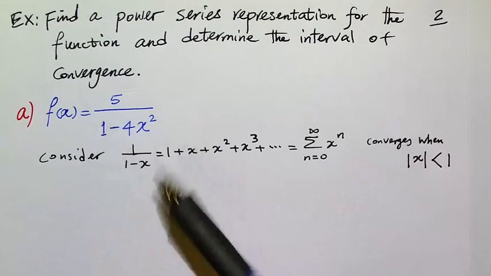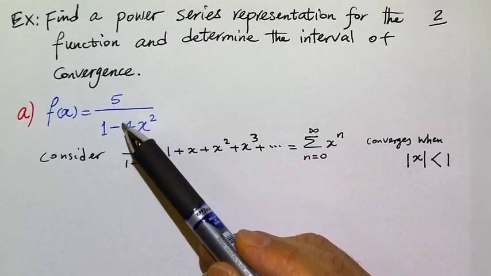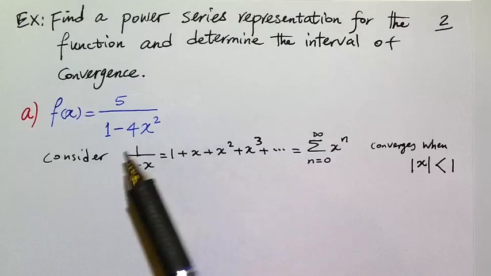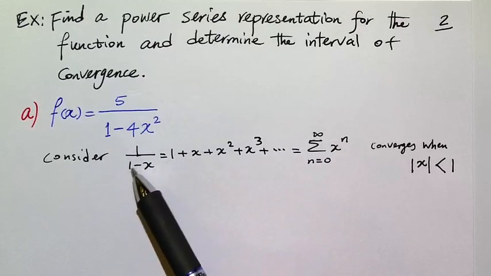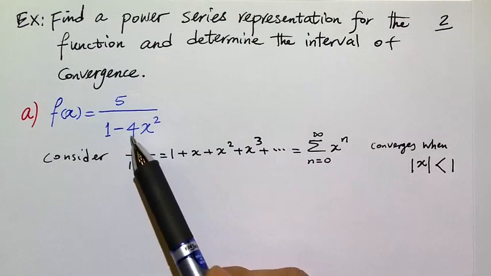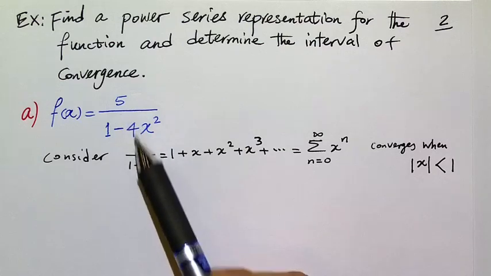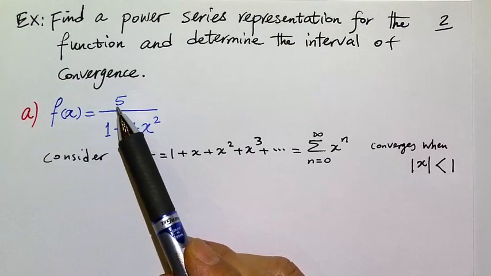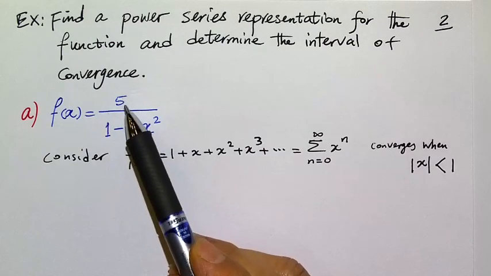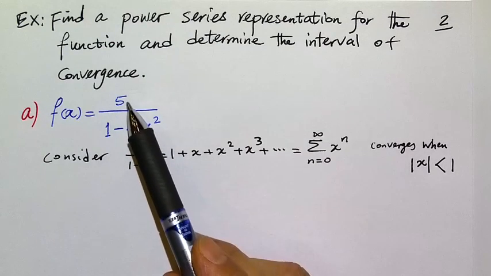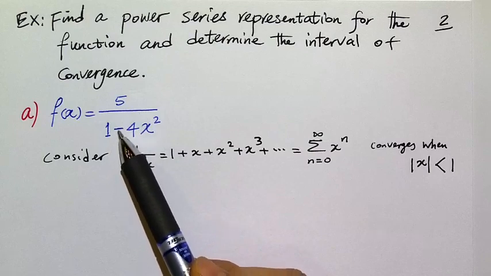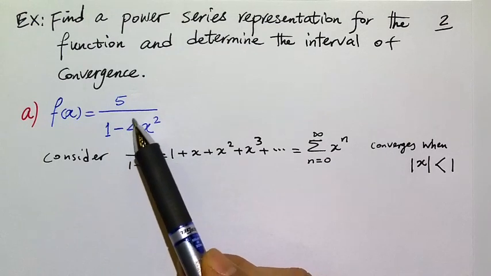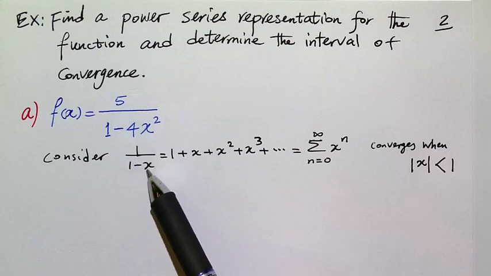Our function is similar to this, but of course it has differences. But notice that it has a 1 minus here. But instead of 1 in the numerator, we have 5. That's no problem. We can factor the 5 out and we'll get 1 in the numerator. That way we have the numerator and this part the same, and then we will be left with 4x squared rather than x.